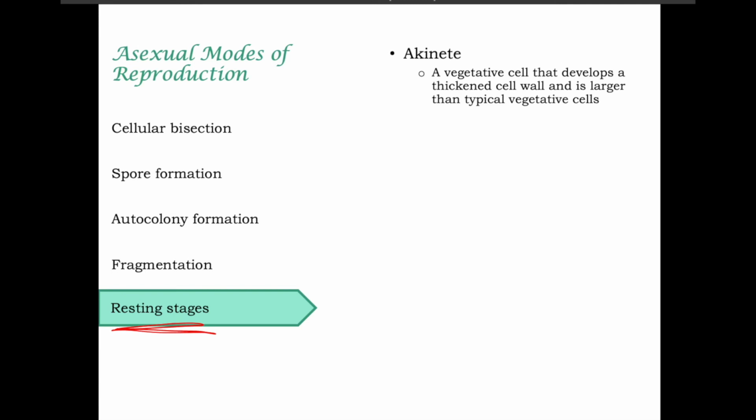Remember your lecture from your Bio 120. It looks and feels like an endospore of your bacteria. That's how the resting stage of your algae groups looks, because it is a dormant stage which can resist extreme conditions. So the resting stage type of asexual mode of reproduction is good for adaptation and survival, because they can time the production of this resting stage at extreme conditions, survive that condition, and let it pass through.